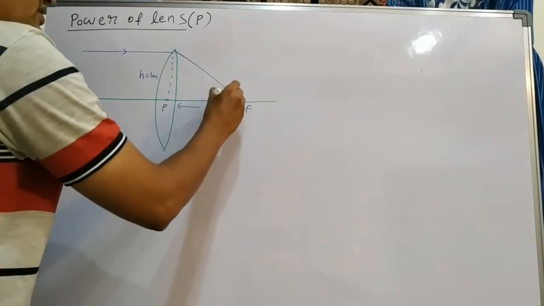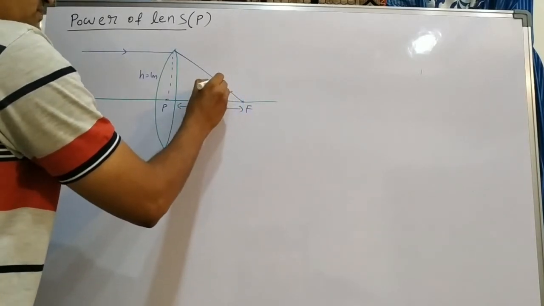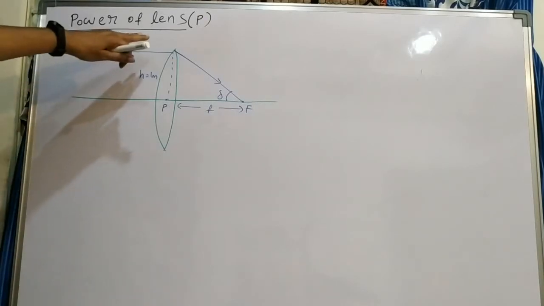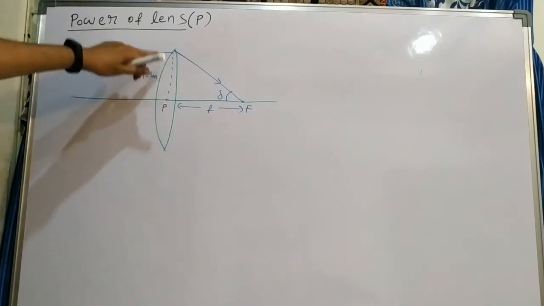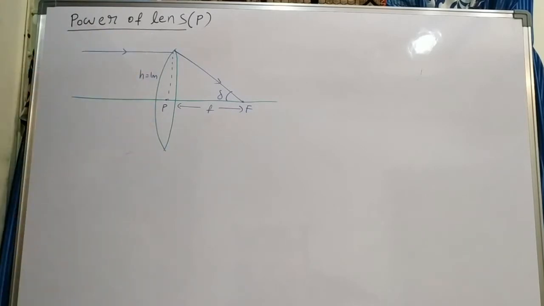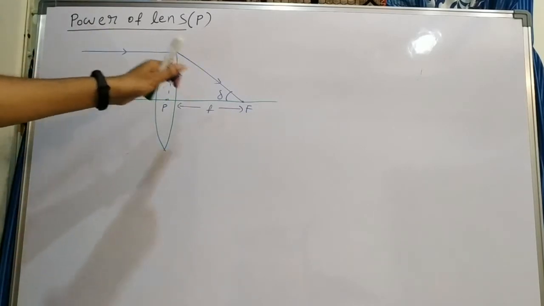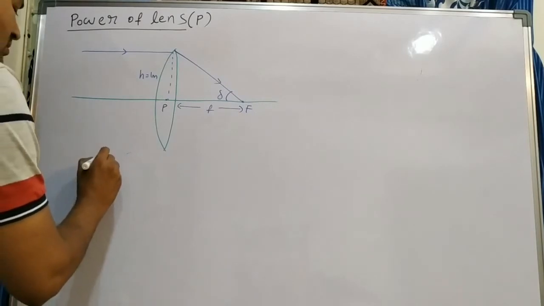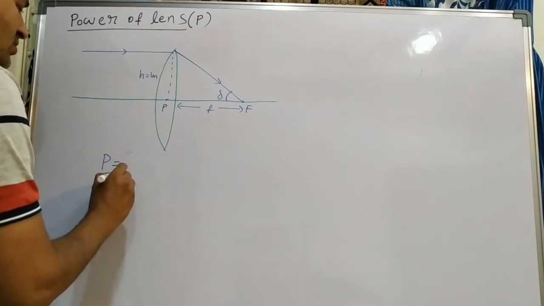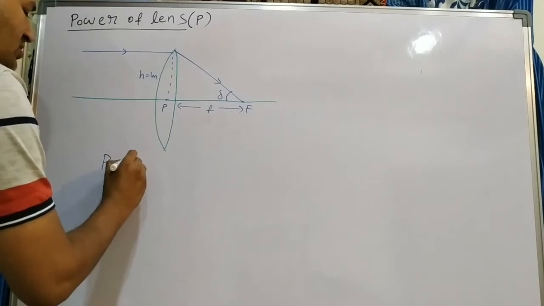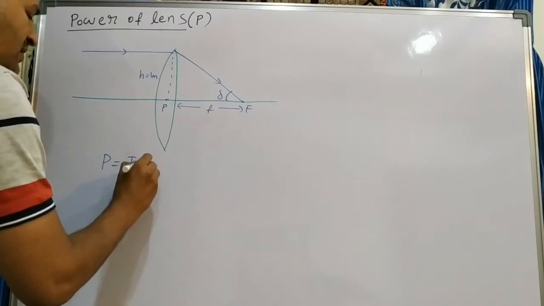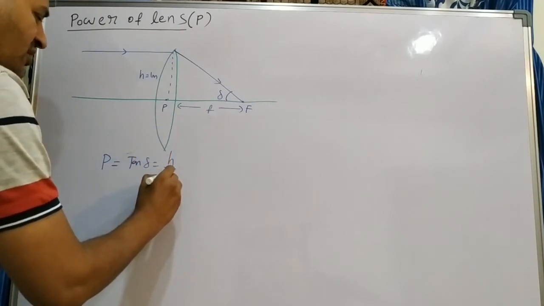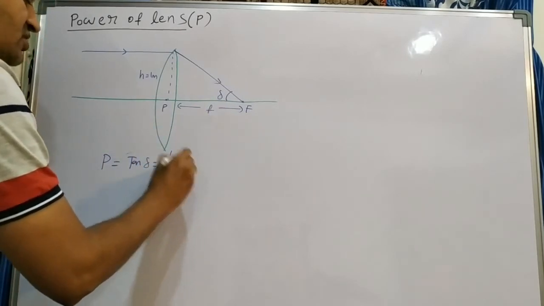Suppose this angle you can take as delta. The ray which is going parallel to the principal axis, at 1 meter distance from the optic center, this height is 1 meter. And what is the tangent angle? That they call the optical power. P is equal to tan delta, opposite over adjacent, is equal to h by this distance, that is f, which is equal to 1 meter.